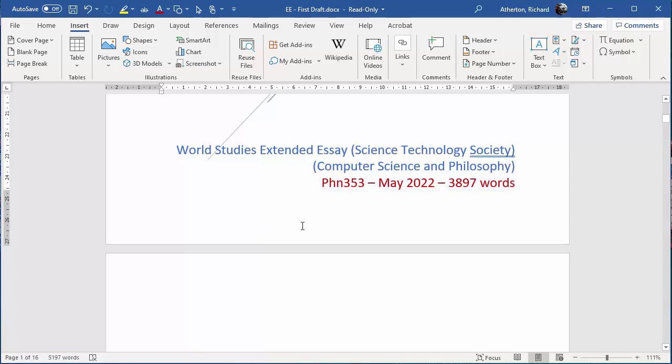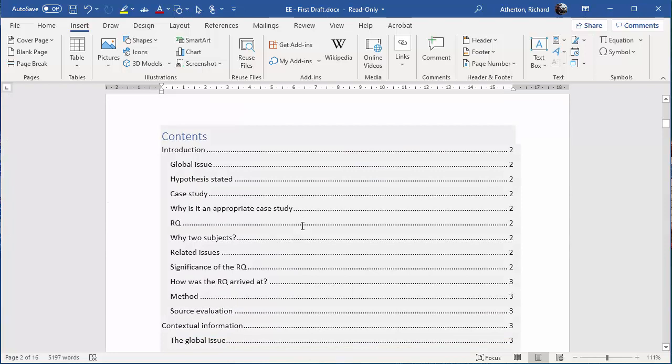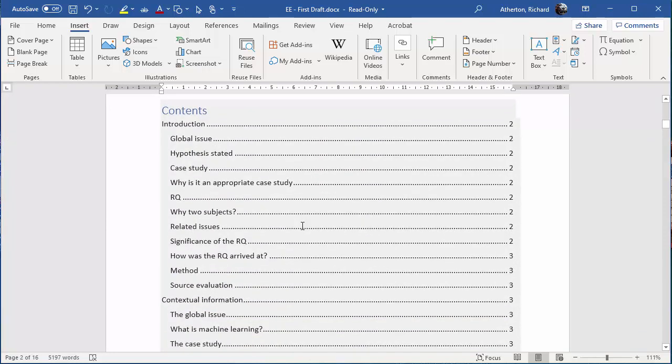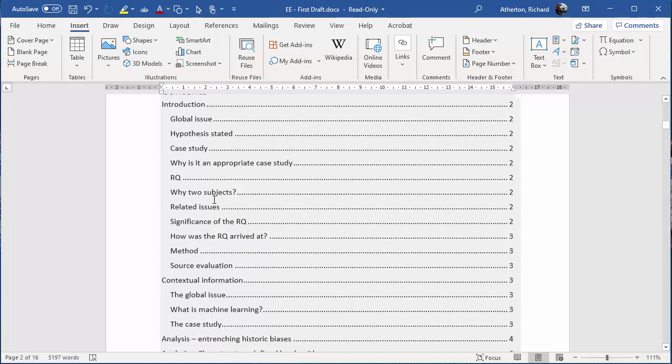Okay, now the contents page is the first thing that the examiner sees about your proper essay, so it's so important it looks good. This isn't a correct contents page, because I've added loads of subheadings into the introduction, which won't be there in the final one.